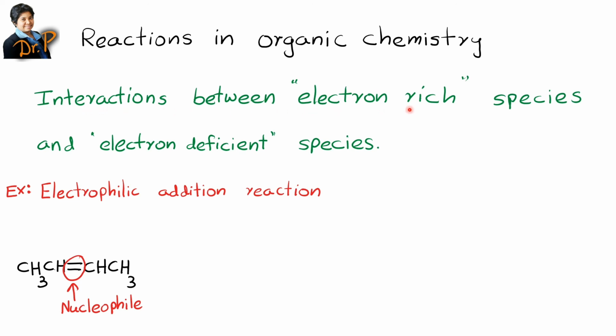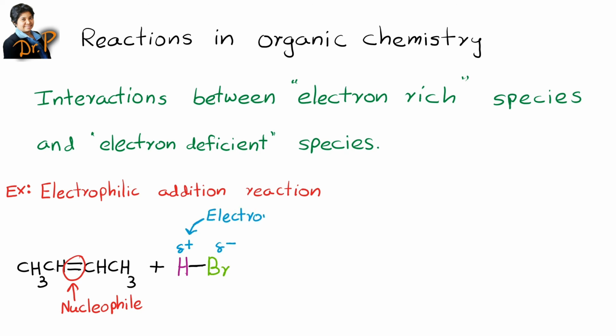Here I'm showing you an alkene. In alkenes, you find double bonds, and I mentioned double bonds can act as nucleophiles because there's a higher electron density over here. Now let's look into the electrophilic addition of HBr.